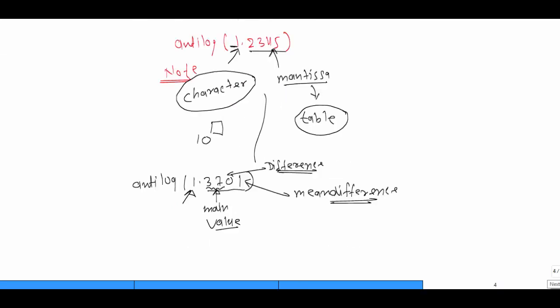Let's write down this question once again: anti-log of 1.3701. See how to handle the characteristic part first. Its characteristic is 1.